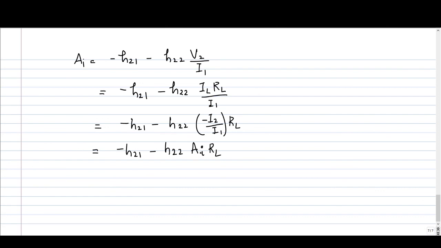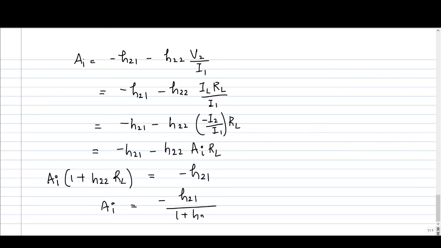So you have AI on LHS and RHS, so combine that. So when you bring this term to the left hand side and take AI common, AI into 1 plus H22 into RL is equal to minus H21. So AI is minus H21 divided by 1 plus H22 RL. And H21 is denoted by HF and H22 is denoted by HO. So AI is equal to minus HF divided by 1 plus HO into RL. That is the expression for current gain.